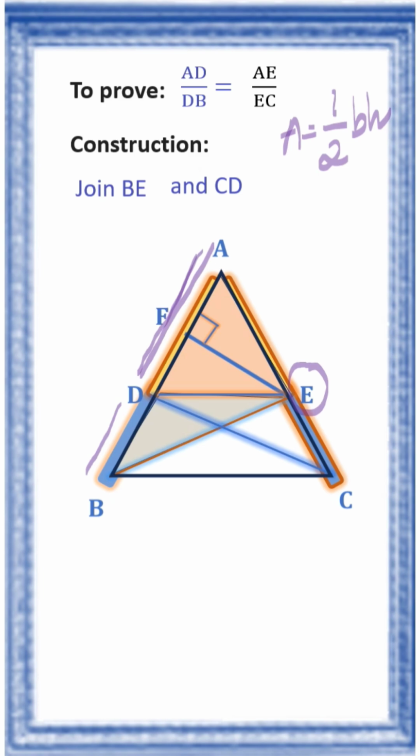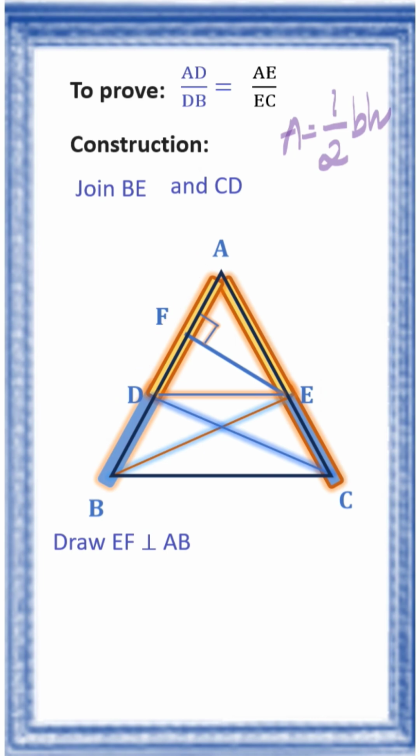So now what will you do? Draw EF perpendicular to AB. Similarly, you can have perpendiculars for the triangles AED and CBE. For AE, the opposite vertex is D. So from D, drop a perpendicular.